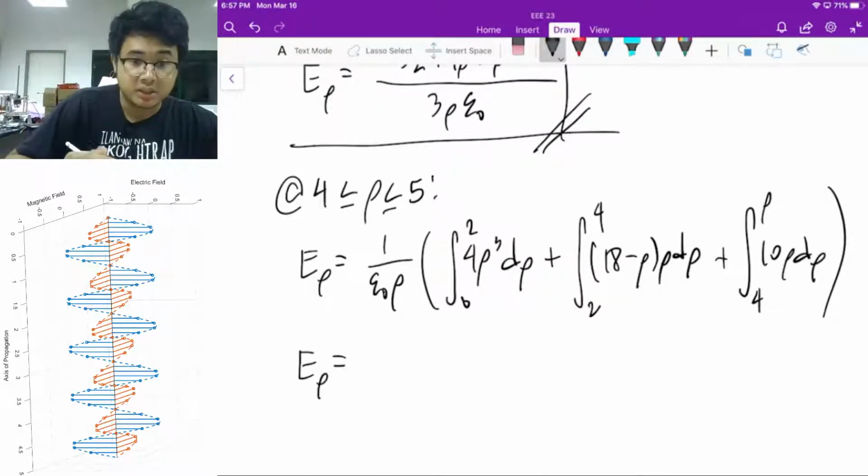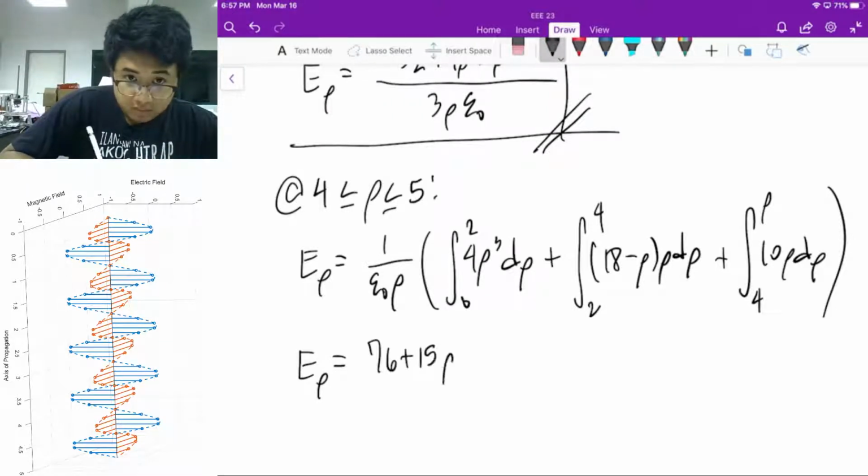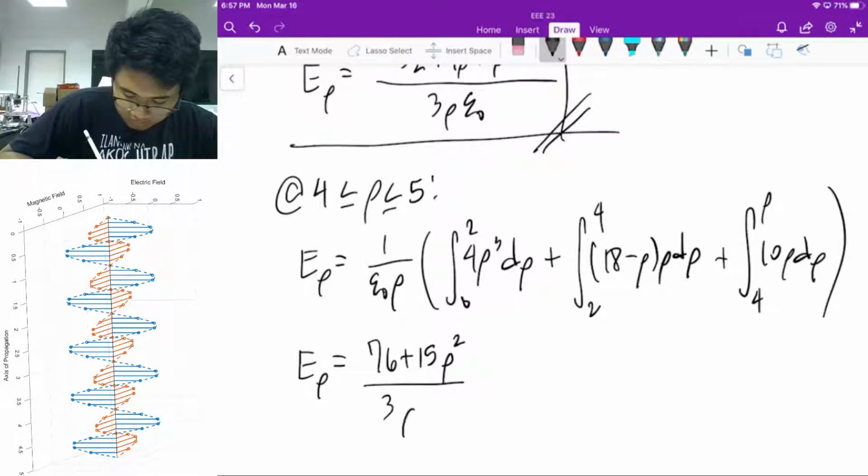This results in E rho equal to 76 plus 15 rho squared over 3 rho epsilon 0.